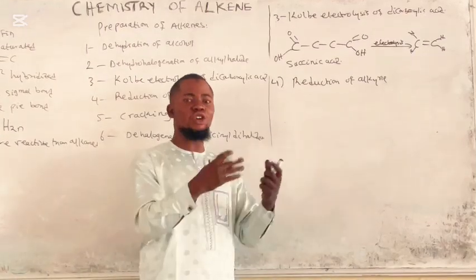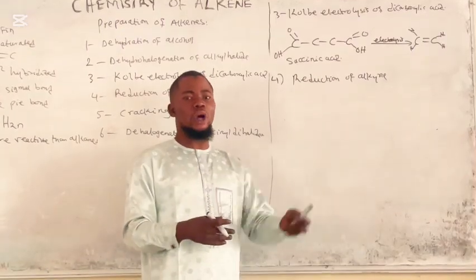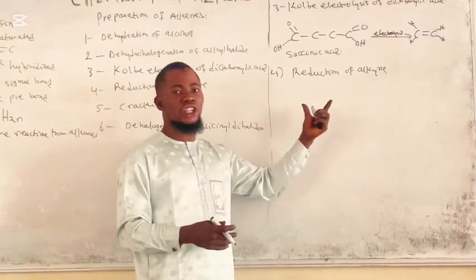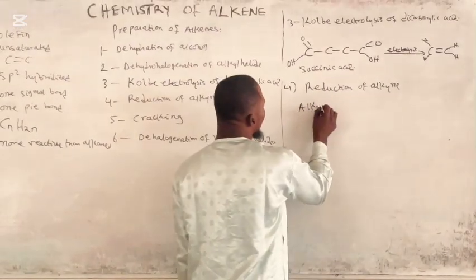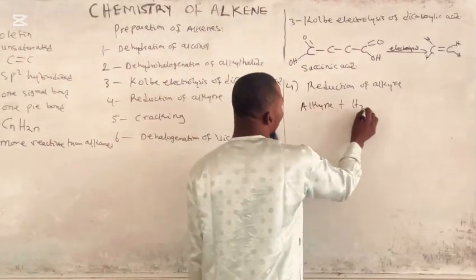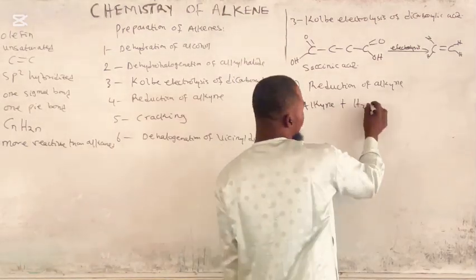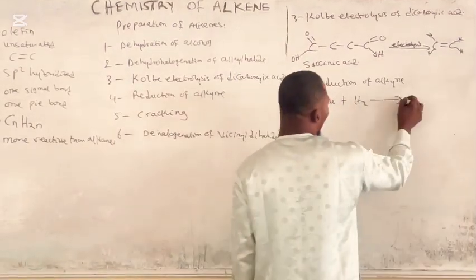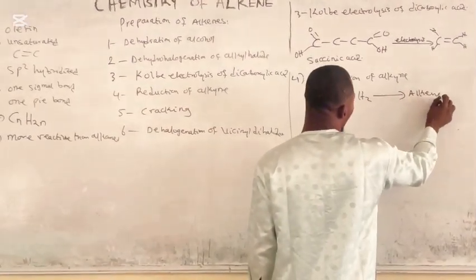So if you add a molecule of hydrogen to an alkyne, we will get an alkene. Having alkyne plus hydrogen molecule, we'll have an alkene.